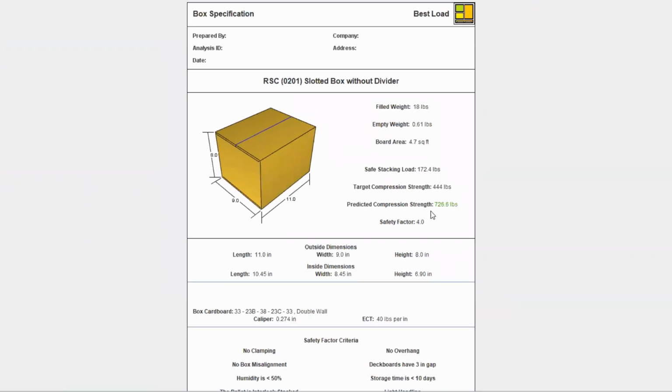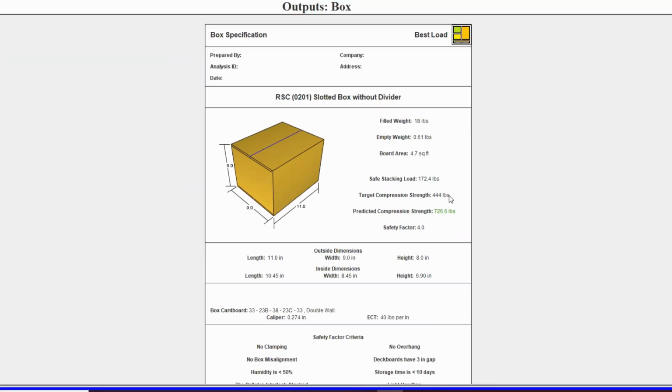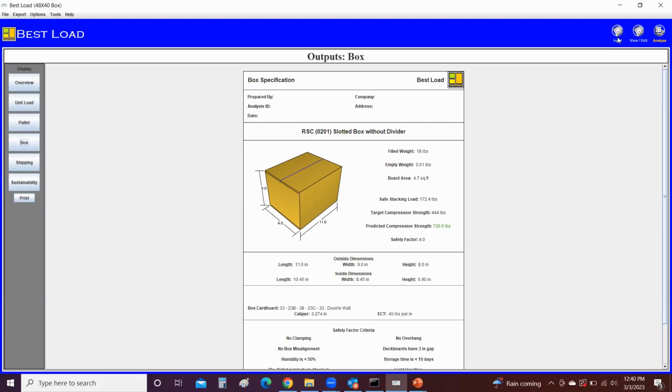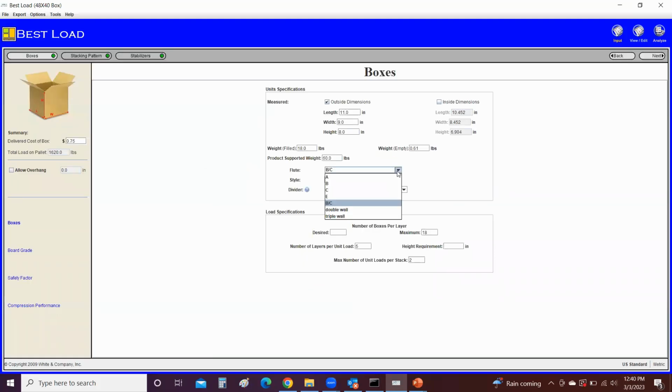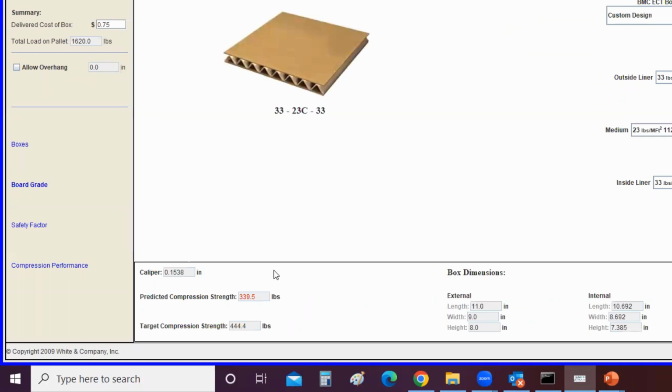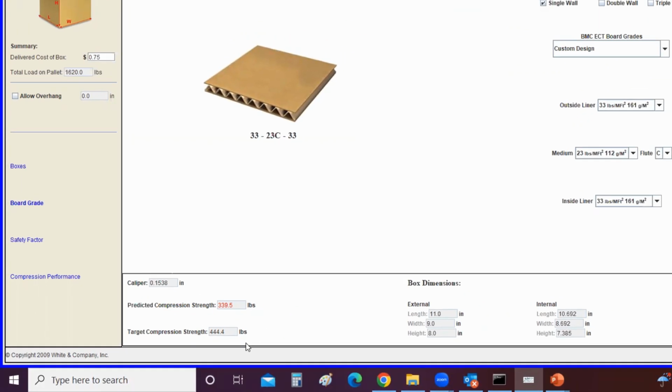The predicted compression strength for the double wall BC flute corrugated container exceeds the target compression strength by 282 pounds. However, we cannot simply adjust the box design to a single wall C flute, as we see the predicted compression strength drops below the target compression strength.